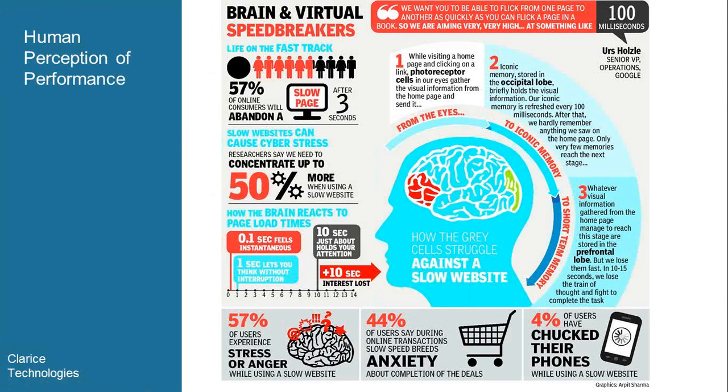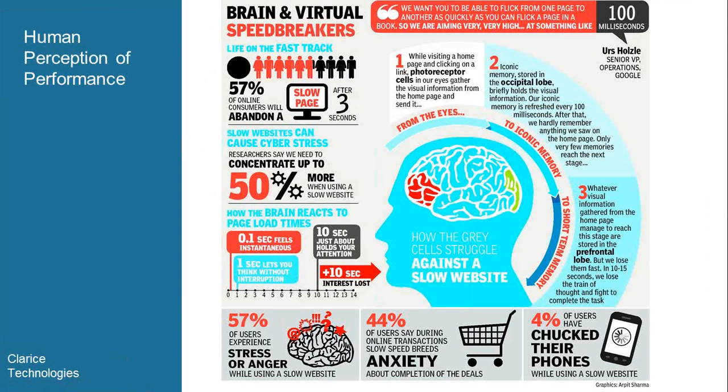So for the end user to get a consistent experience and retain concentration on a particular web page, it's really essential that we have a high-performance web application which loads pages very fast, within 10 seconds. It adversely affects the end user as well. It adds to their stress and anger, and many users, like 4% of users, have changed their phones because of slow websites, where web pages are not loading at all on their phone.